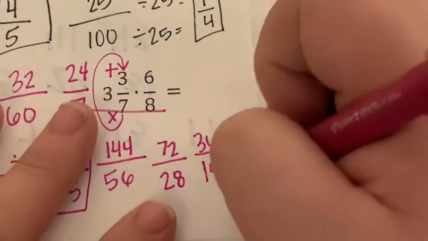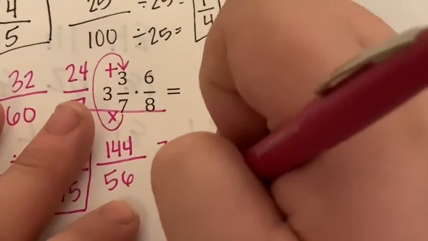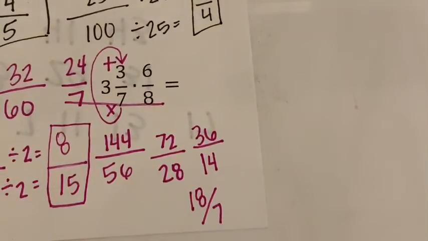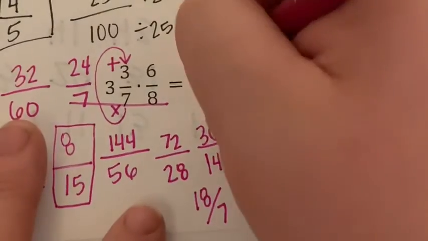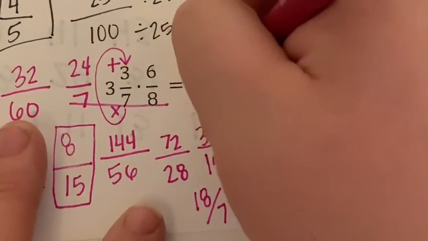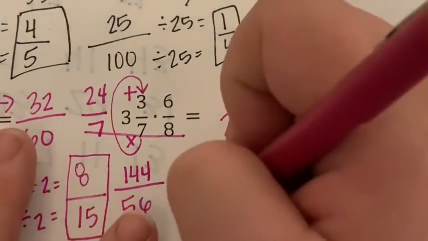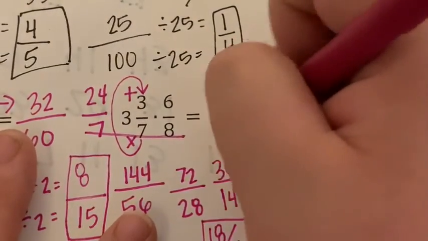So 18 over 7, and then we're done. Or it could be 2 and 4 sevenths. You won't usually see one this hard. So either 18 over 7 or 2 and 4 sevenths.